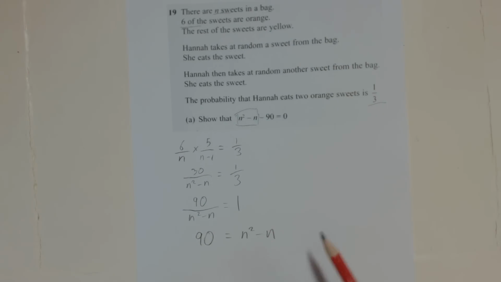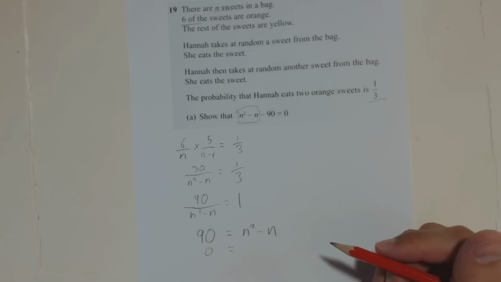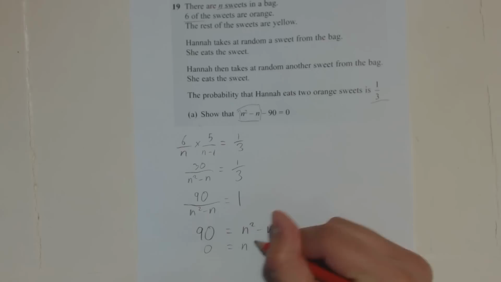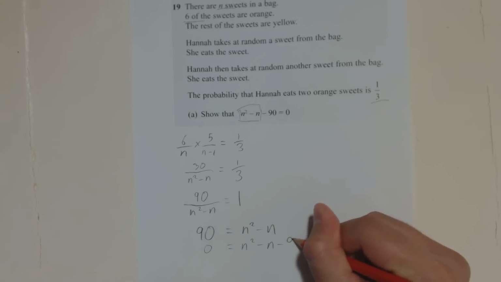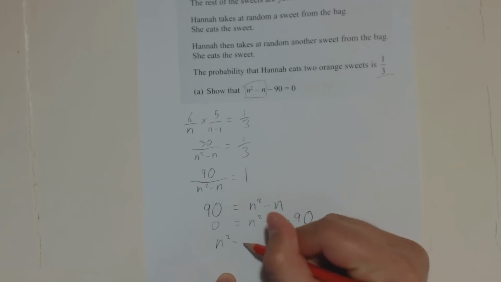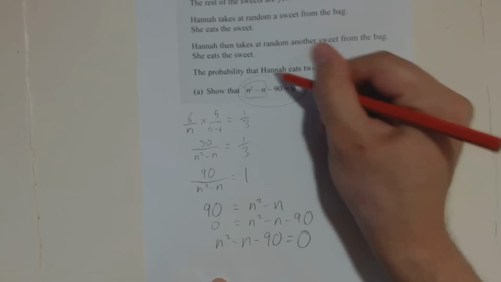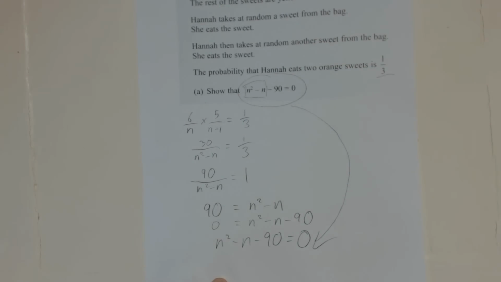Now, you're just going to get rid of that 90, because then you'll end up with 0. So take off 90 on this side, that gives you 0. If you take off 90 on this side, you've actually got to write minus 90, haven't you? So n squared minus n minus 90. And let's just write it properly. N squared minus n minus 90 equals 0, which is that. Woohoo! All done.